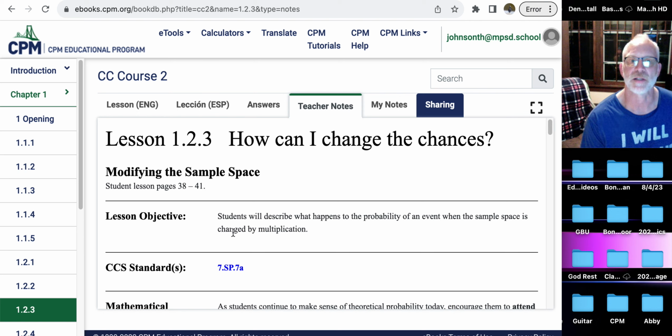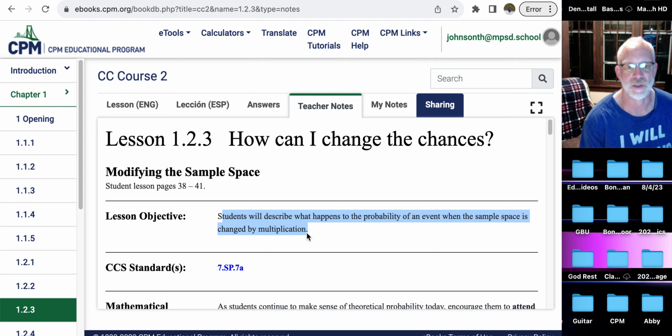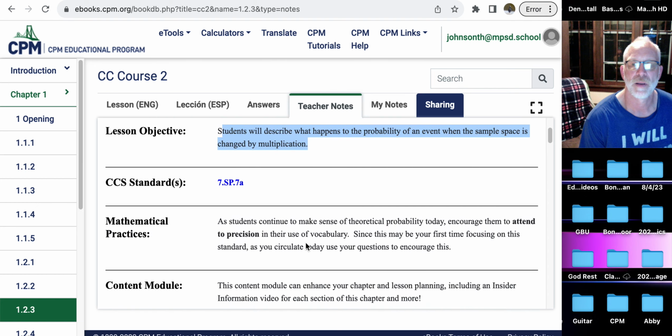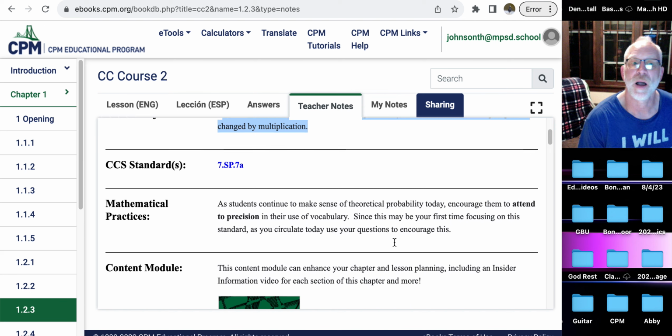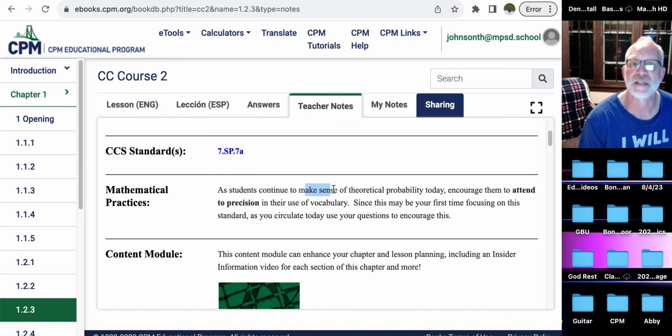So the learning target today is that students will describe what happens to the probability of an event when the sample space is changed by multiplication. And our success criteria is that we can make sense of theoretical probability today.